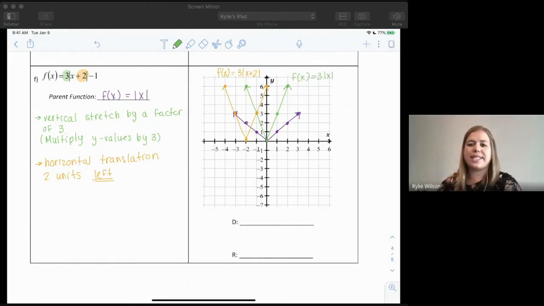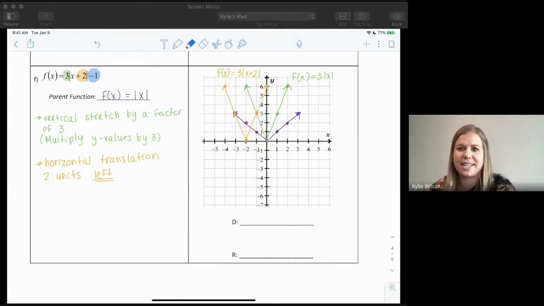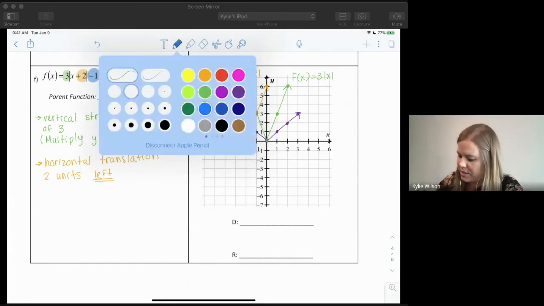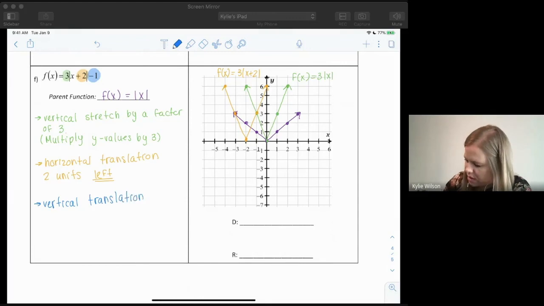Now we're going to identify our final transformation, which is our c, which is hanging out on the end like that. So because I have a c value of -1, that means I have a vertical translation 1 unit down.